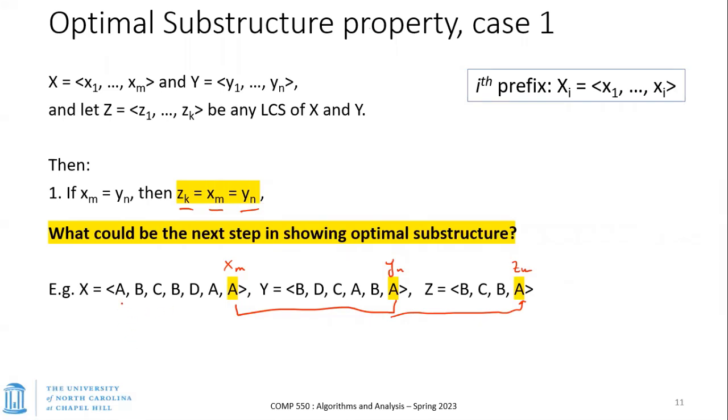Let's say that would be X1, and this would be Y1, and this would be Z1, right? So you're saying that we looked at the last character. Now let's go to the other end and look at the first characters and try to prove something similar, and thereby maybe making it smaller.